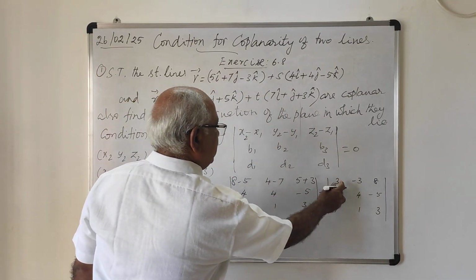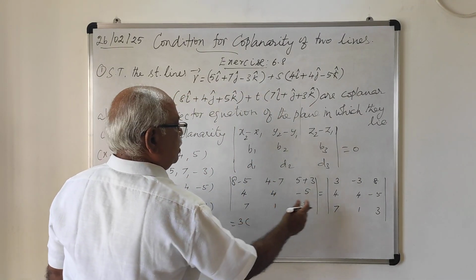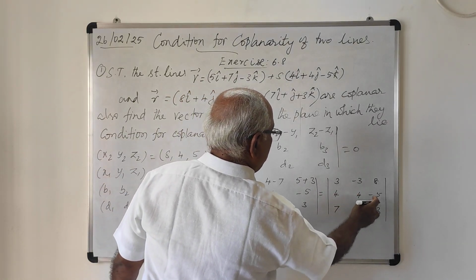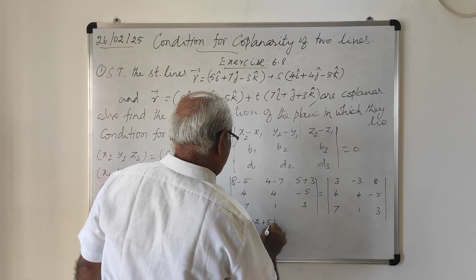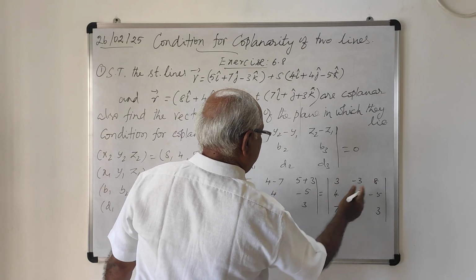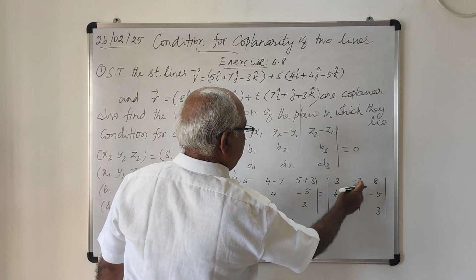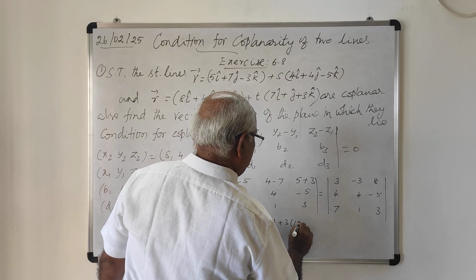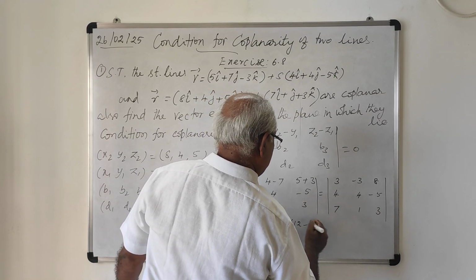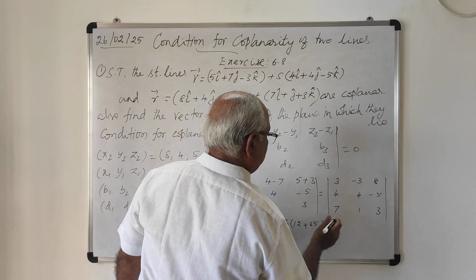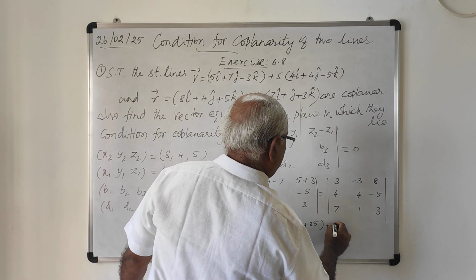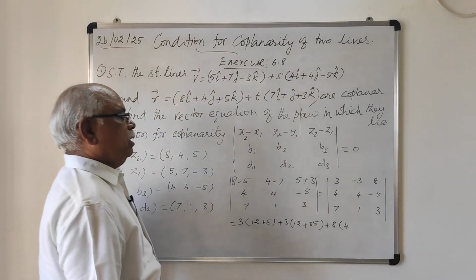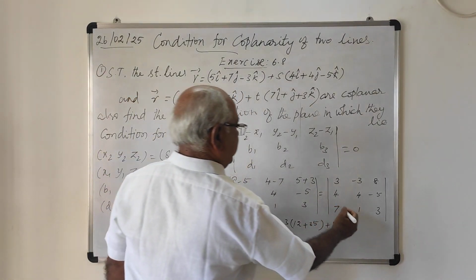This is equal to 3 into (4 threes are 12, minus minus 5 into 1 is plus 5), that is 12 plus 5, plus 3 into (4 threes are 12, minus 7 fives are 35), and plus 8 into (4 into 1 is 4, minus 7 fours are 28, that is minus 28).